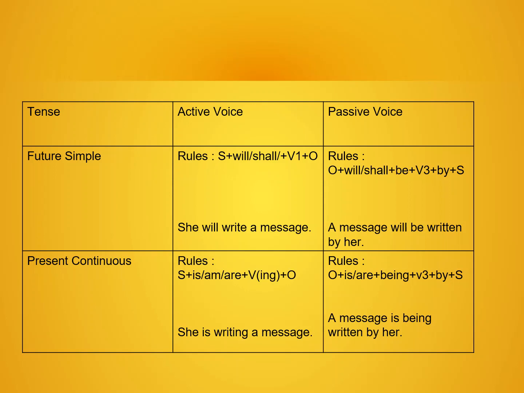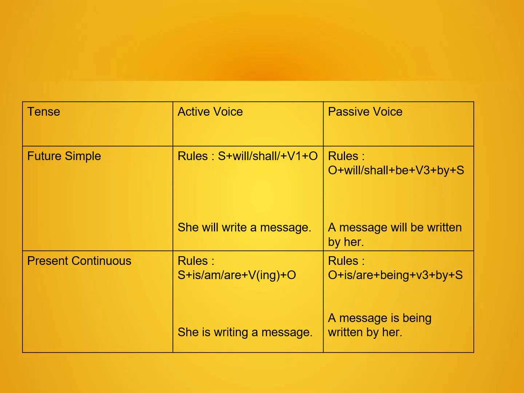In present continuous, we can see the rule is subject plus is/am/are plus verb ing plus object, that is she is writing a letter. Now there is one important tip, students. Whenever the sentence is in continuous tense, then the ing is used in the main verb, that is writing.